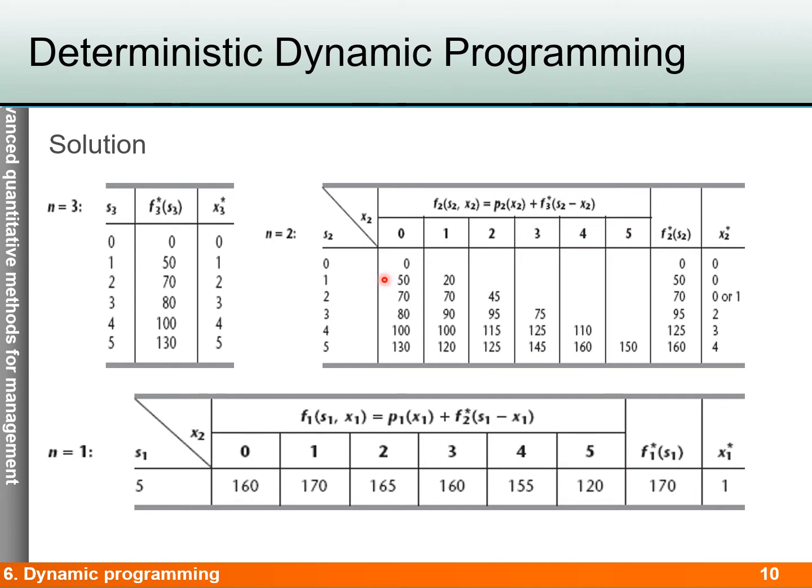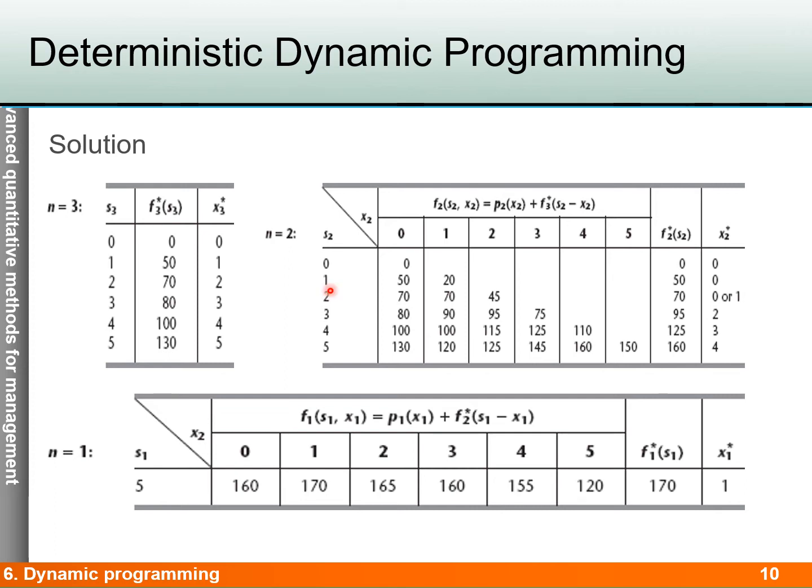For example, this element 50, what this 50 comes from, it means that it's the time that remains for us after country 1, 1 medical team, and there are 2 possibilities of allocation. Either we allocate it to country 2, or we don't allocate this one to country 2, and for sure this one that remains goes to the third one.